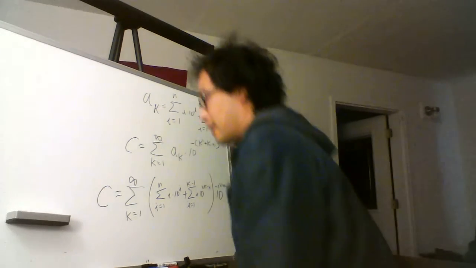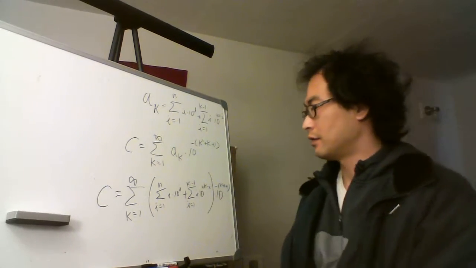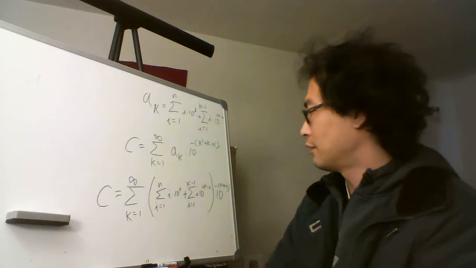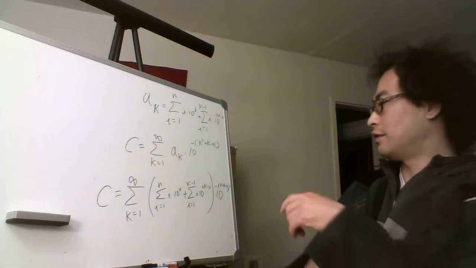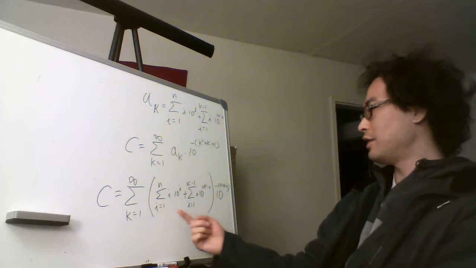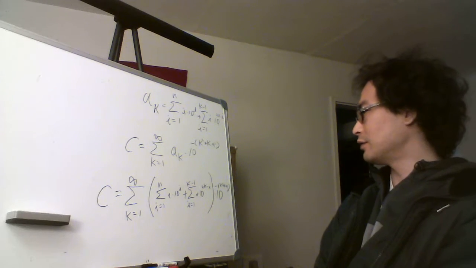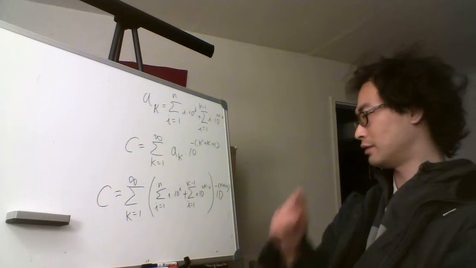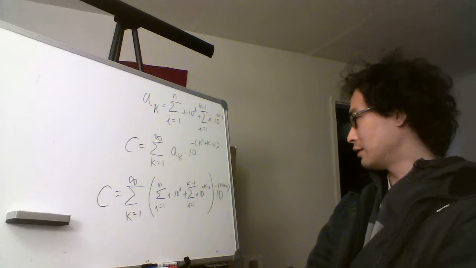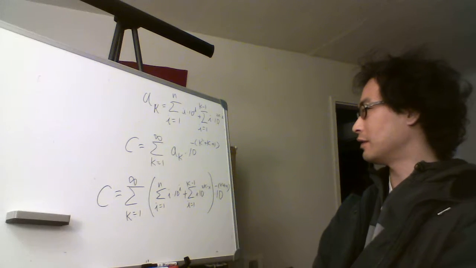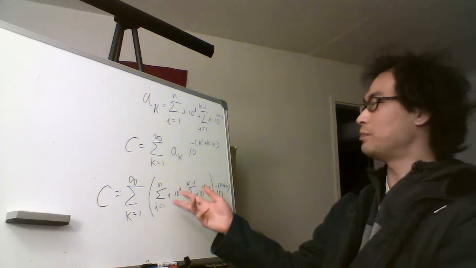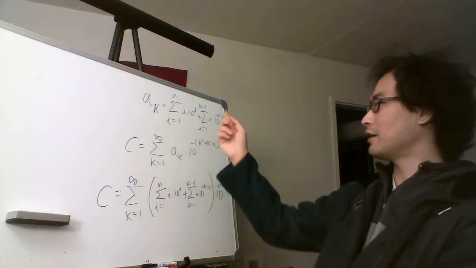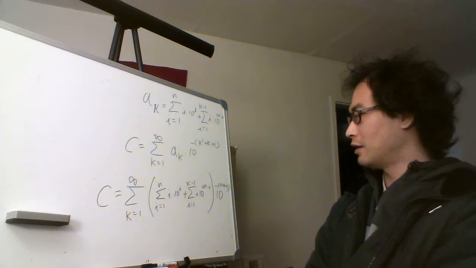So that's the constant. This guy right here is the a_k, I mean, we call it b_k, since we already have a_k.